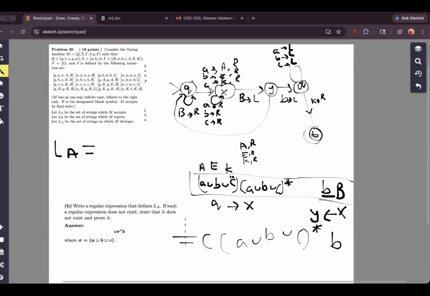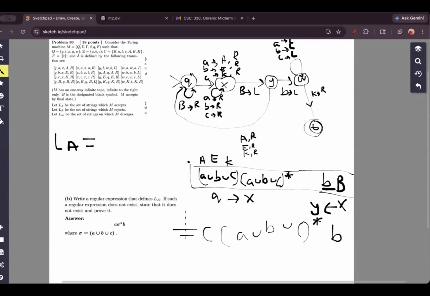So what was that before? It was a C. My C in state Q would be turned into uppercase K, and that's why I have a C right here, because in the instructions, it turned them into uppercase letters. So when I see the K, I turn right and then go to T. Does that answer your question a little bit?